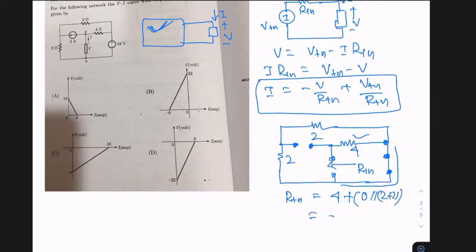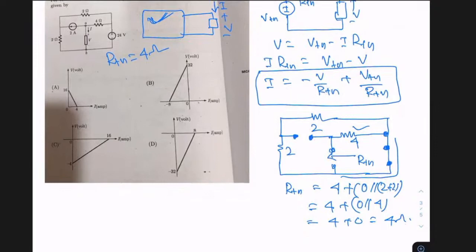So it is 4 plus 0 parallel with 4, which is 4 plus 0, which is 4 ohms. That means in this particular case, the value of RTH is nothing but 4 ohms. Right? So the value of RTH we got is 4 ohms.